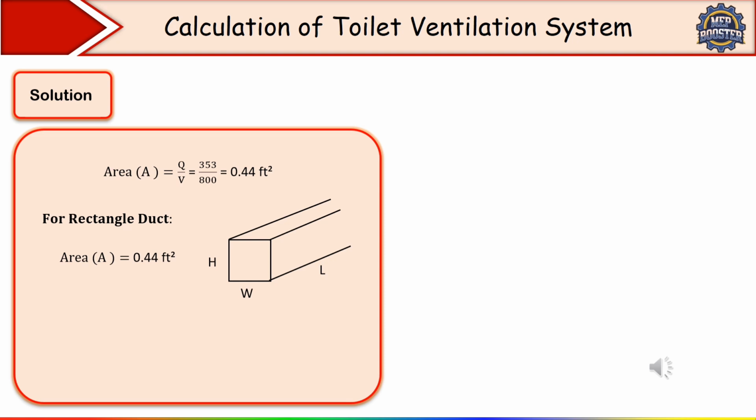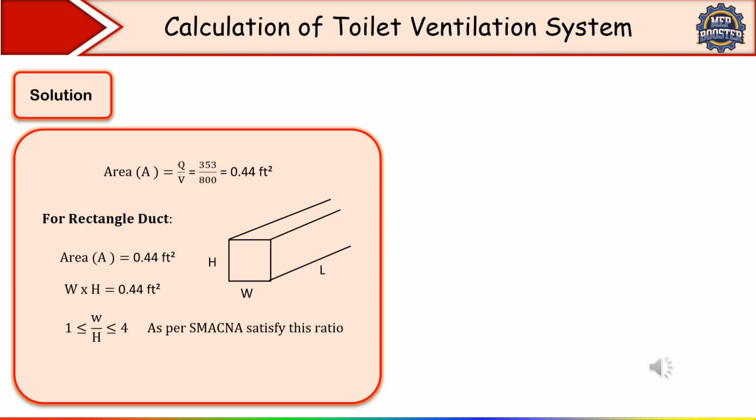Width and height. So area is width into height. Now here we have to follow the aspect ratio as per SMACNA. I have told you about that. When you take the ratio of width and height, this ratio must always be greater than or equal to 1 and less than or equal to 4. As per SMACNA we have to satisfy this ratio.